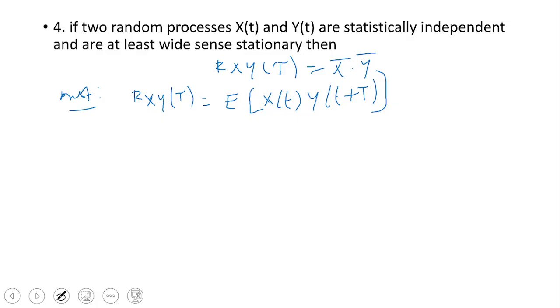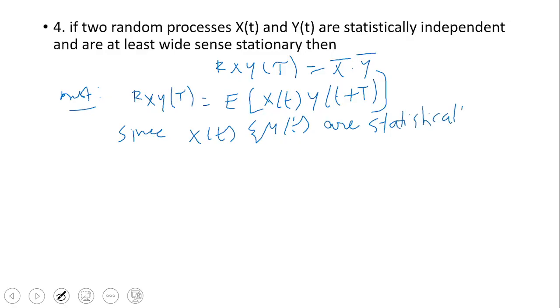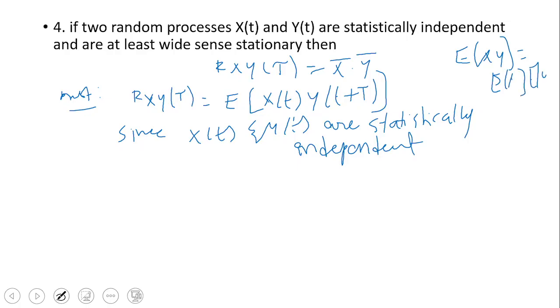Since they had given that x of t and y of t are statistically independent, what can we write if they are independent? If two random variables are independent, you can write E of xy is equal to E of x into E of y.